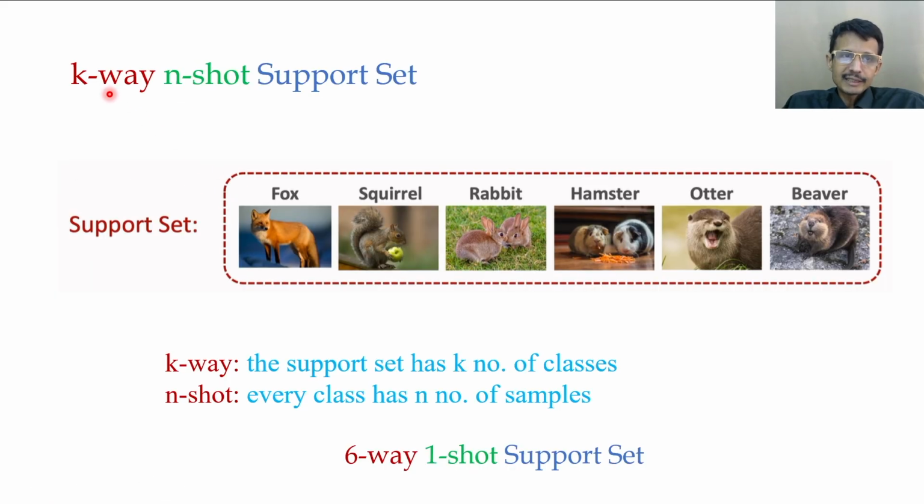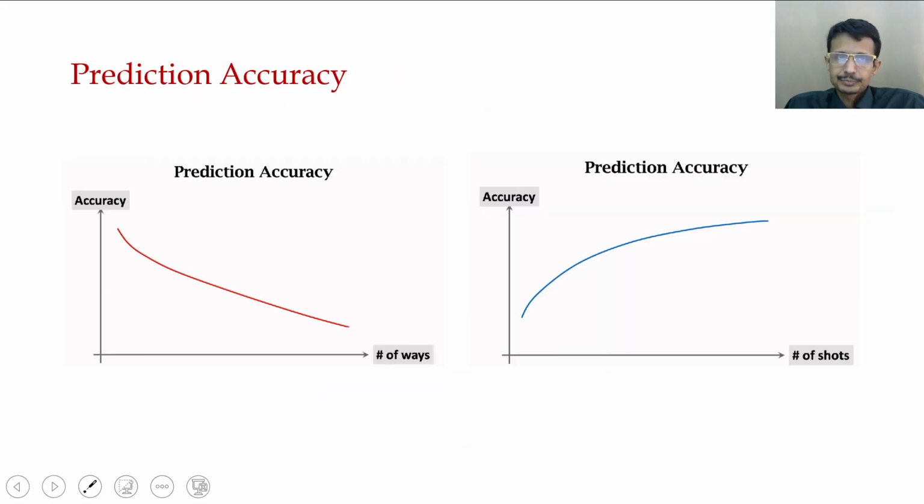So there is some nomenclature: the k-way n-shot support set. K-way means the support set has k number of classes, 2, 3, 4, 5, 6. So this is 6-way. And n-shot means for each class, how many samples. In this example, only one sample. So this is a 6-way one-shot support set. And in general, we say k-way n-shot support set.